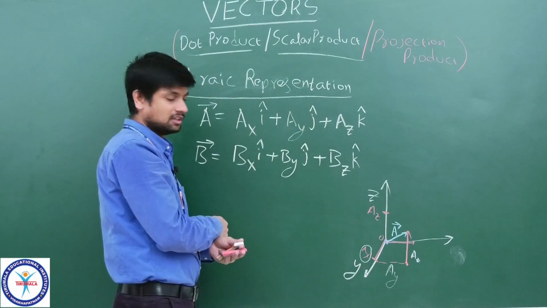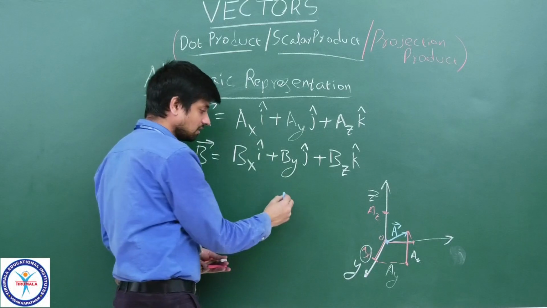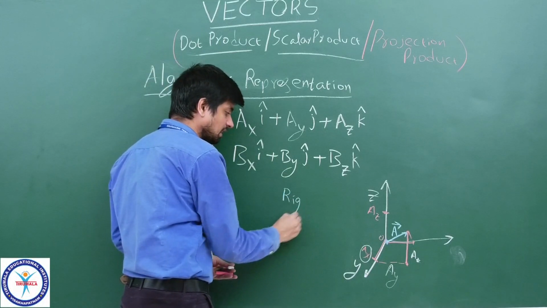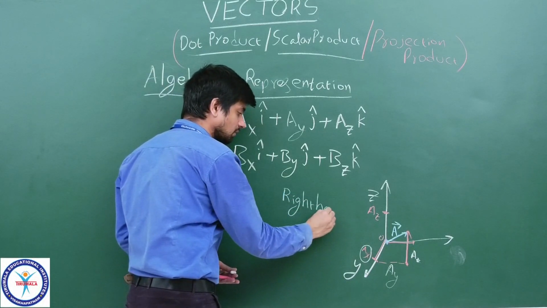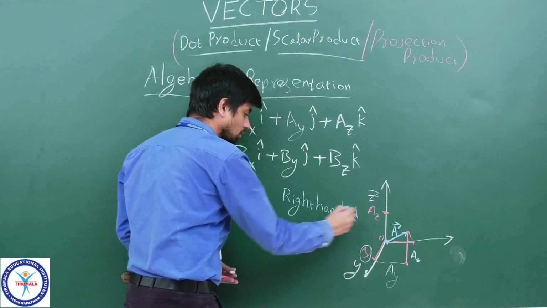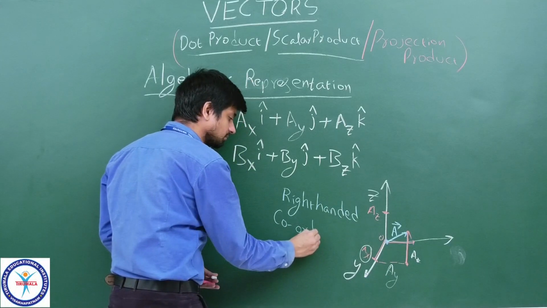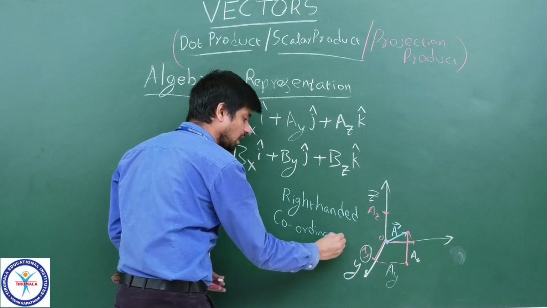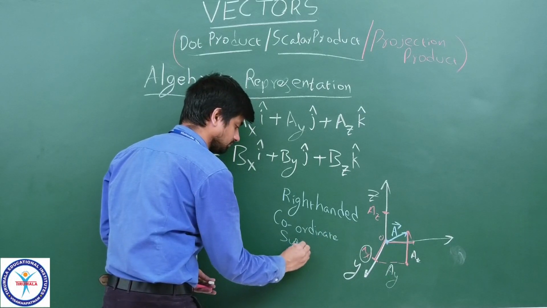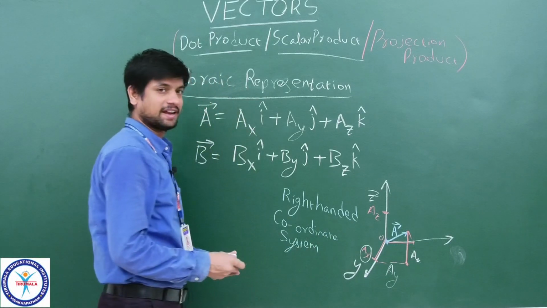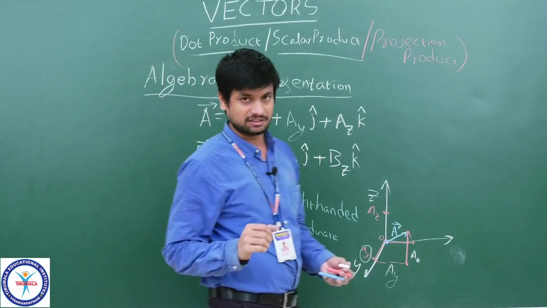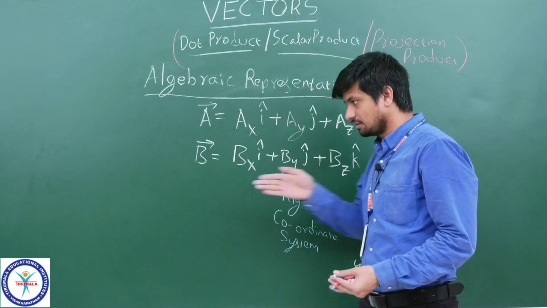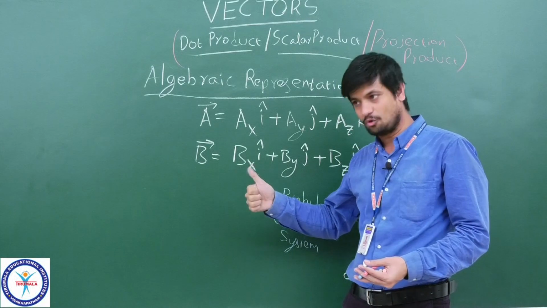In this way, that system is called, I used the word before, right-handed coordinate system. Yes, right-handed coordinate system. See children, x, curl it, open it.